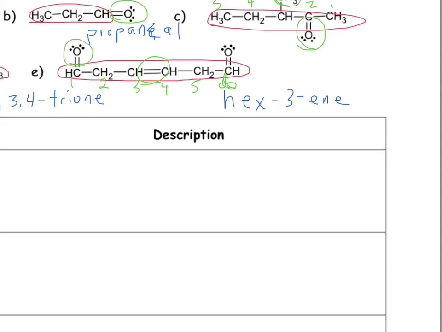Now I need to describe the 2 carbonyl groups at either end of the chain. Because they're at the ends, this is an aldehyde. You could put position numbers, but they are not necessary, because aldehydes always have to be at the end of the chain, and because carbons can't have 5 bonds, you can only have 1 carbonyl at the end of a chain. The final name for molecule E is hex-3-ene-1,6-dial, or hex-3-enedial.